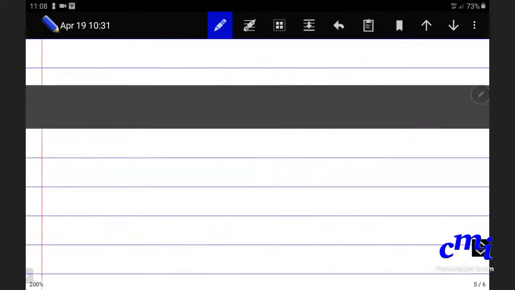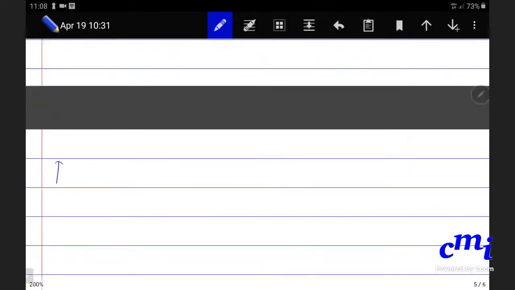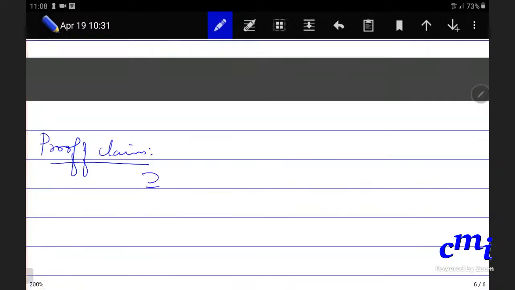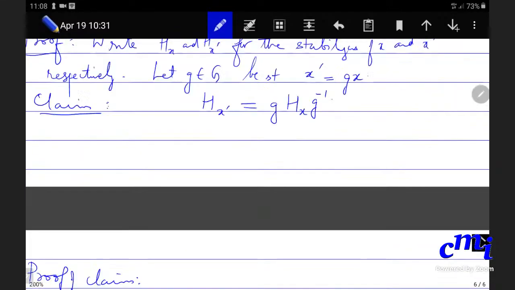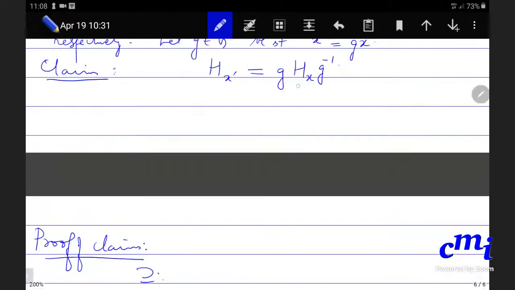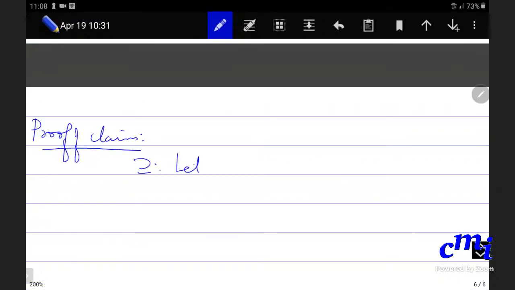So proof of claim. Okay. Let us prove that the left side contains the right side. So let us take an element inside Hx. So let h be inside Hx.